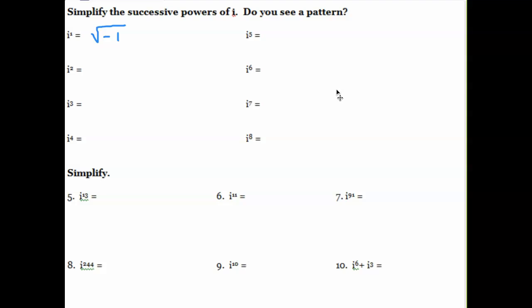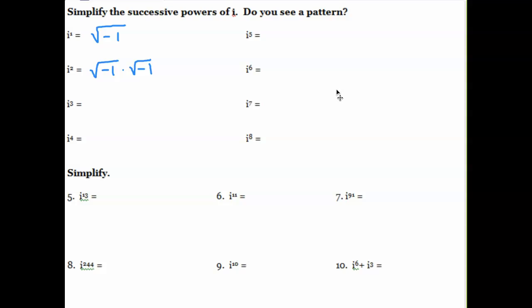If I multiply two i's together, I get i squared. So think about multiplying the square root of negative 1 times the square root of negative 1.